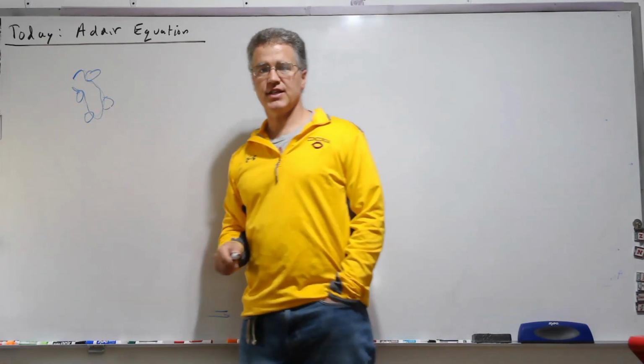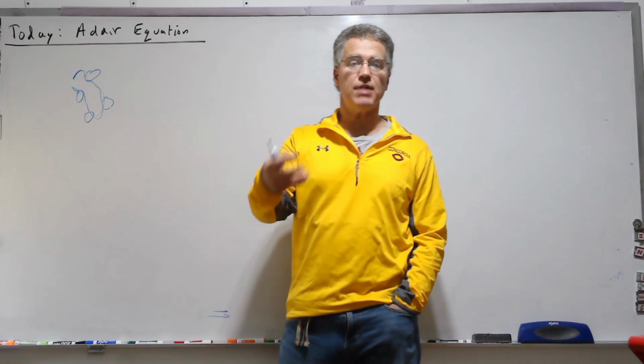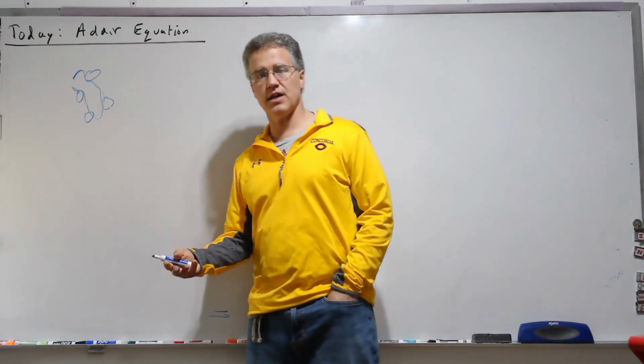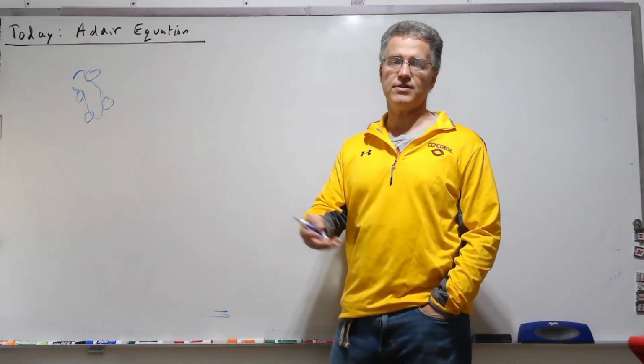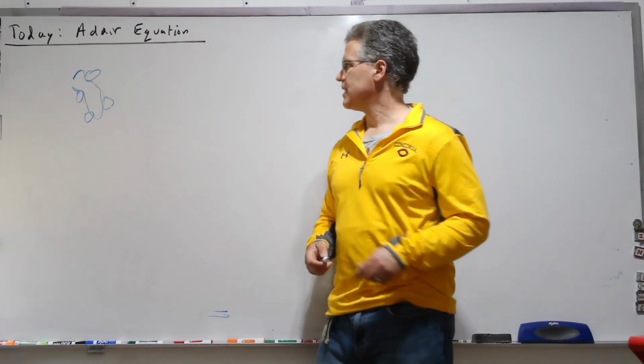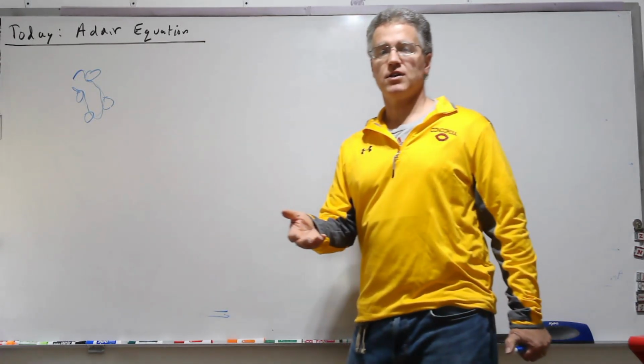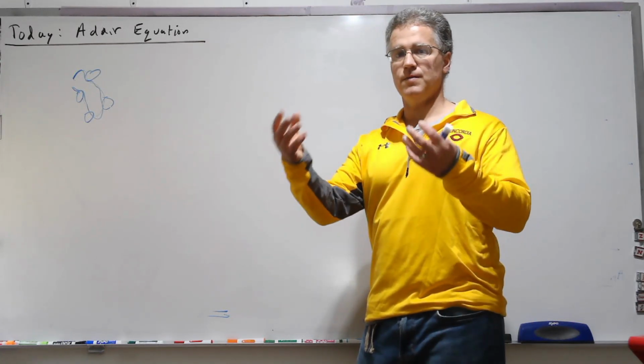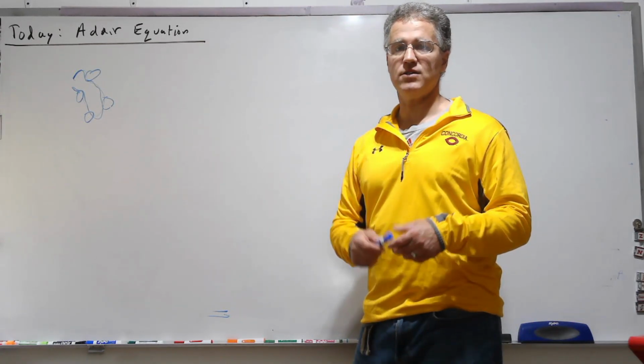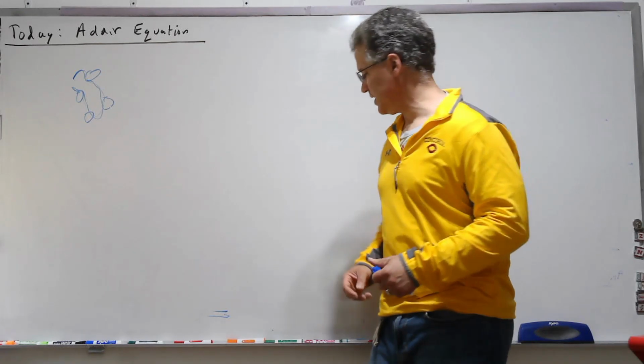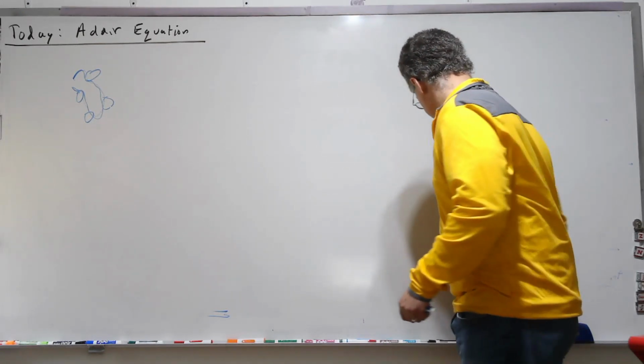And the question is, if a ligand binds to one site, does it make the other sites more likely to bind a ligand or less likely to bind a ligand? And so you can have either positive cooperativity, where it makes each subsequent binding more likely, or you can have negative cooperativity, where it makes each subsequent binding less likely.